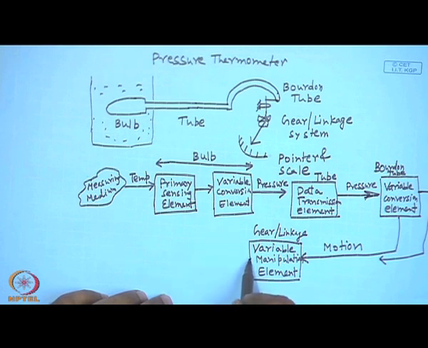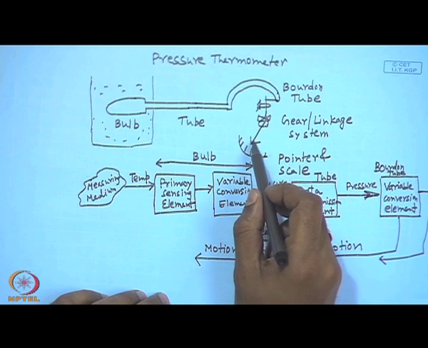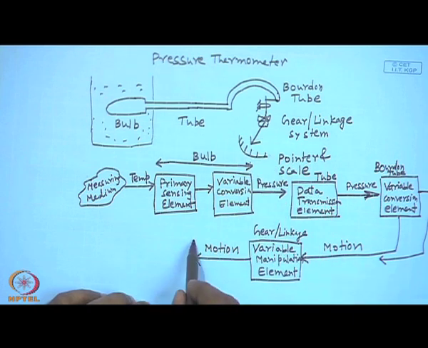So, you still have a motion signal, but now it has been magnified. Then this signal is presented to the observer by this pointer and scale.